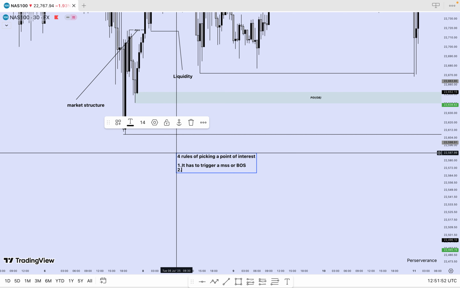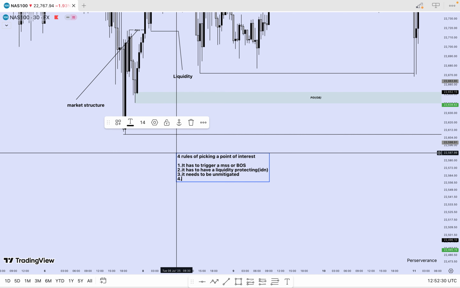The second one is it has to have a liquidity protecting it. In this case, an inducement. Pay attention to that. The third one is it needs to be unmitigated.